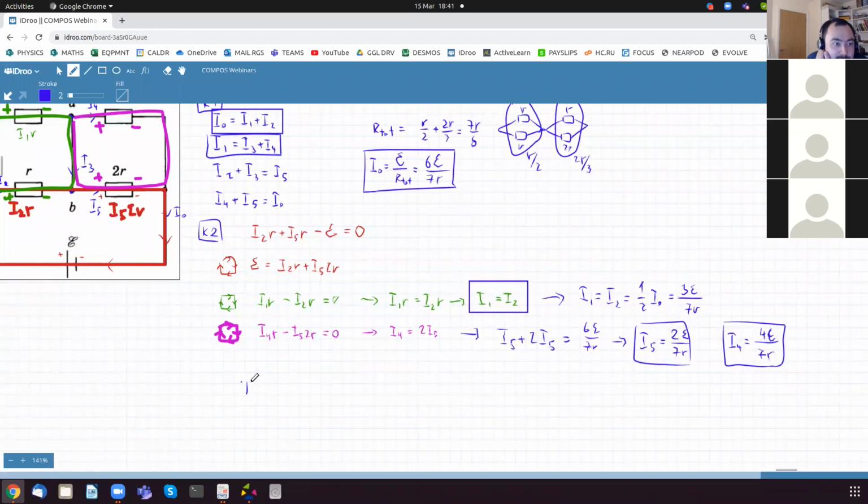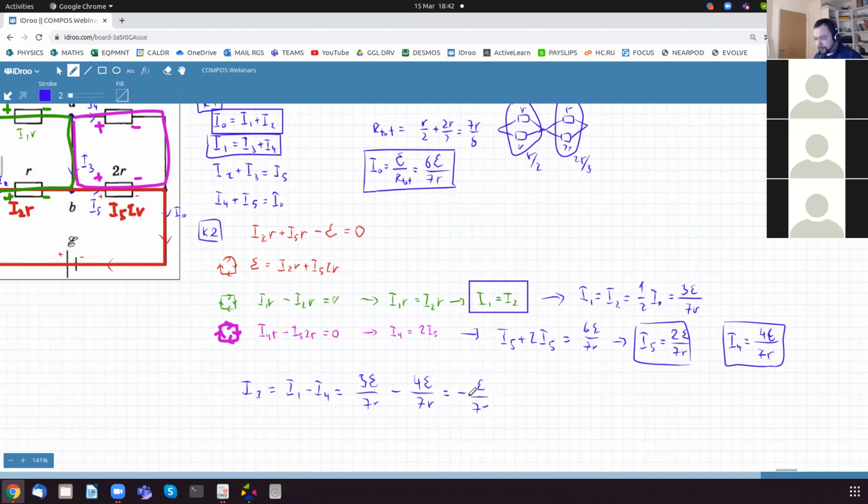So I3 is I1 minus I4, which is I1 is 3 EMF divided by 7R minus 4 EMF divided by 7R, which is negative EMF divided by 7R.